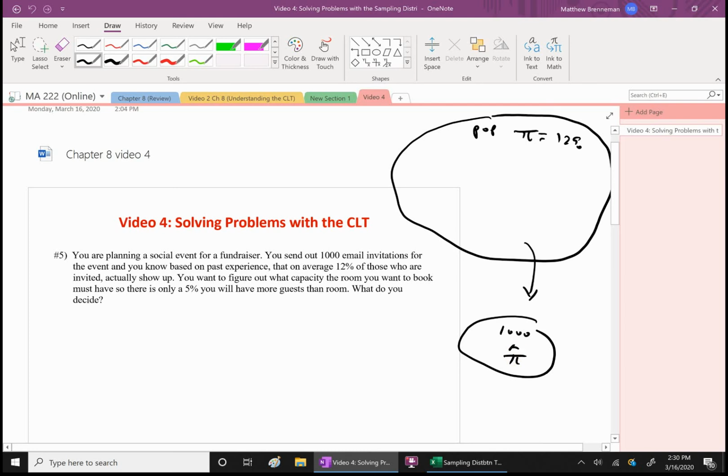And I want to know what size room should I book so that there's only a 5% chance I have more guests than I have room. So let's let X room be equal to the number of people that the room can accommodate.